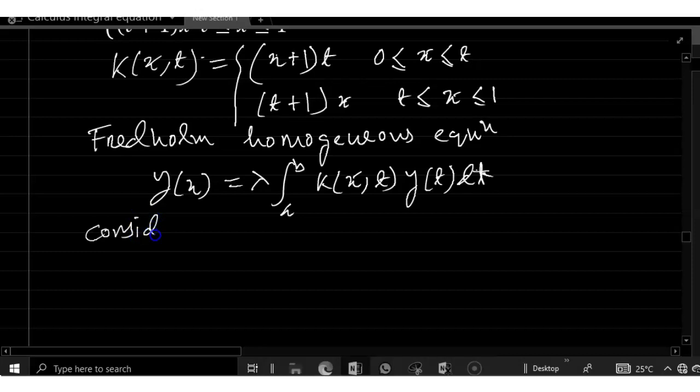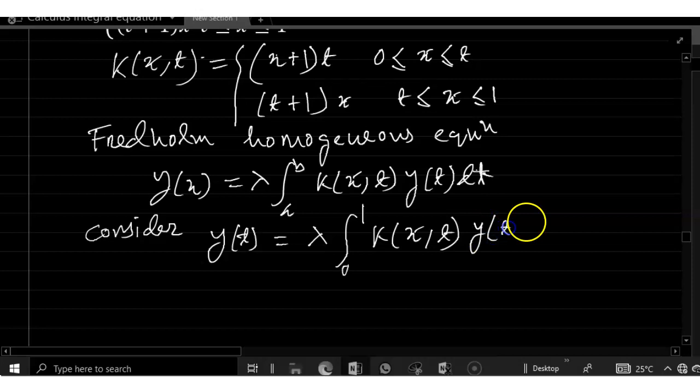So consider y(x) equals to lambda integral 0 to 1 k(x,t) y(t) dt. Yeah, there it is y(x) dx, I can write this is y(x) dx.